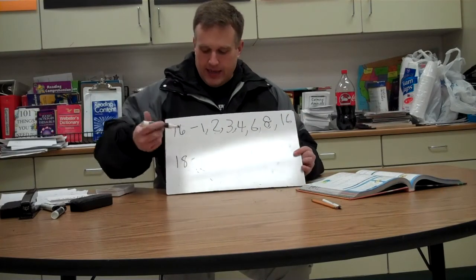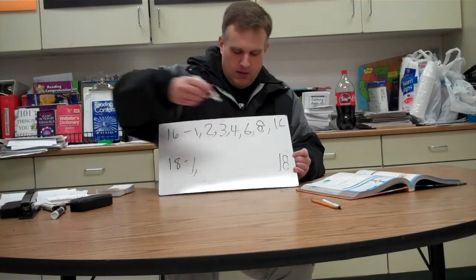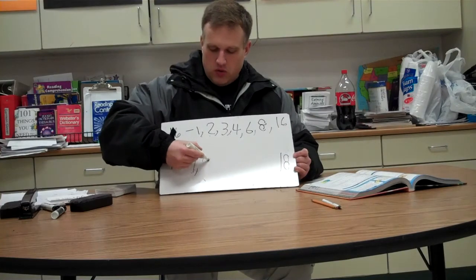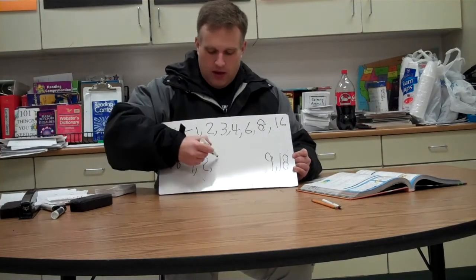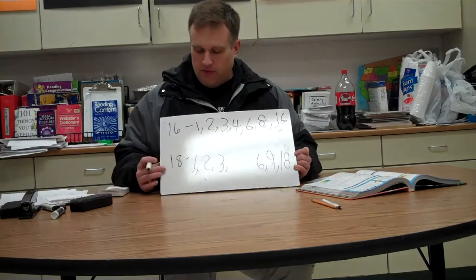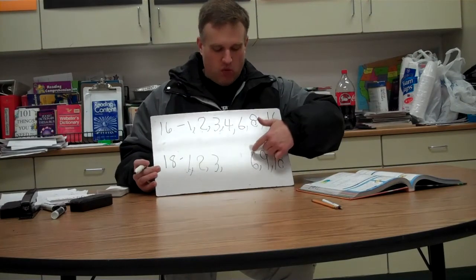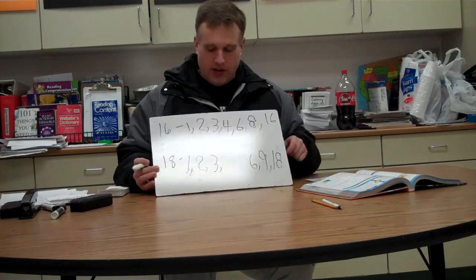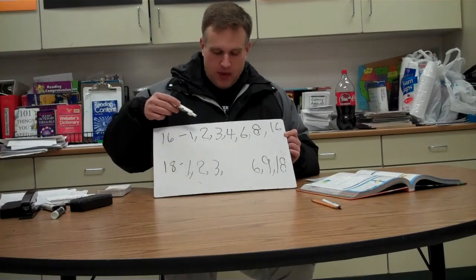Okay? 18, I can do 1 times 18. I can do 2 times 9. 3 times 6. 4 is not a factor of 18. 5 is not a factor of 18. And then I already have 6 here, so I know I'm finished. So what is my greatest number in both lists?